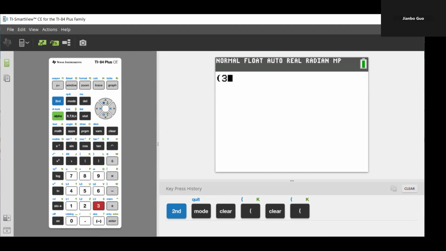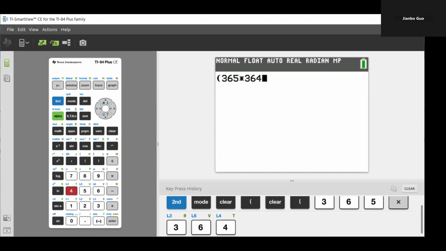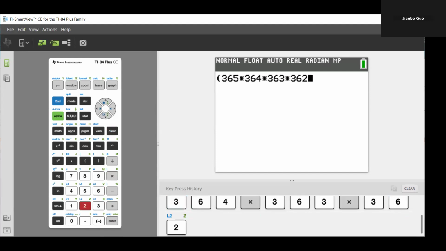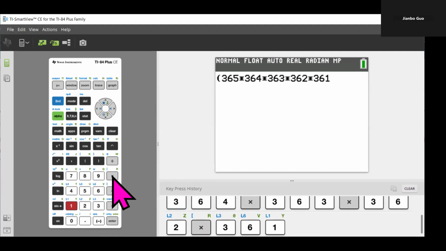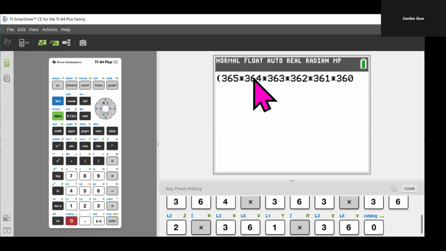The numerator would be 365 times 364 times 363 times 362 times 361, and one more, 360. That is 6 numbers.